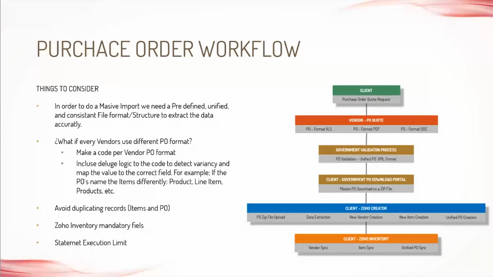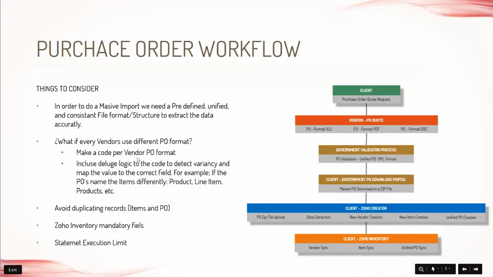Okay, so we know that in Zoho Creator we have these functions to extract data from files. We can actually extract data from images, from PDFs, from doc files, from XLS files, right? So in order to have a predefined and structured format, we will have to make code to extract the data from each of these files. So this is what we did, and I'm going to show you how we can make this quickly, right?